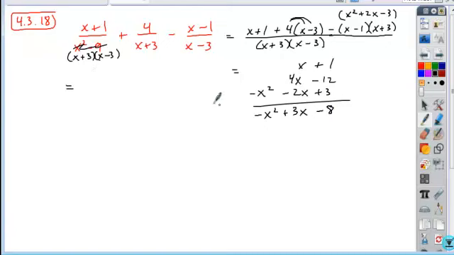And so what I'm going to do is factor out my negative, leaving me x squared minus 3x plus 8, all over x plus 3, x minus 3.